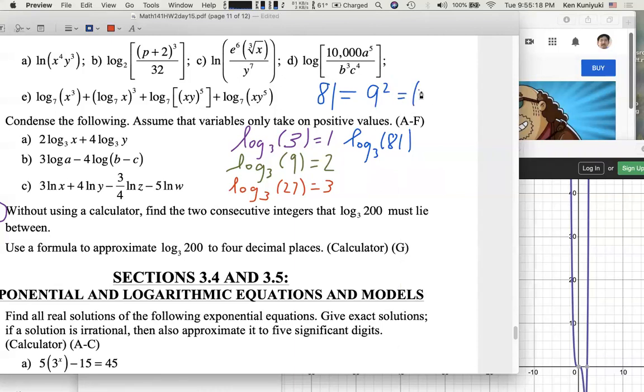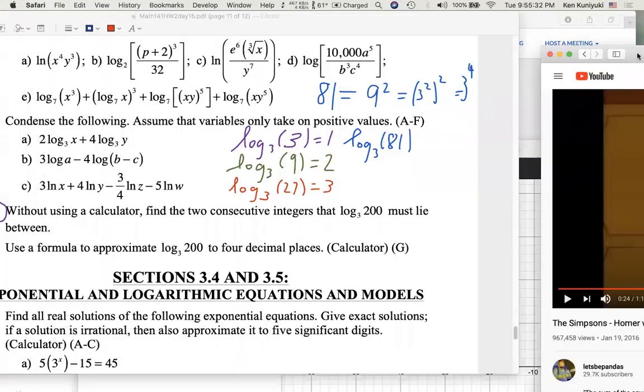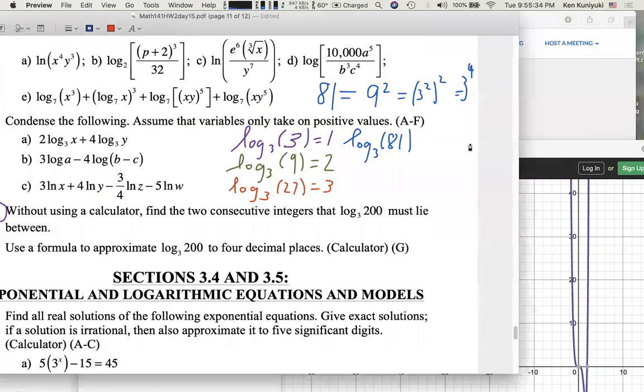It's 3 squared squared, right? So log base 3 of 81 is 4, because 3 to the 4th is 81.